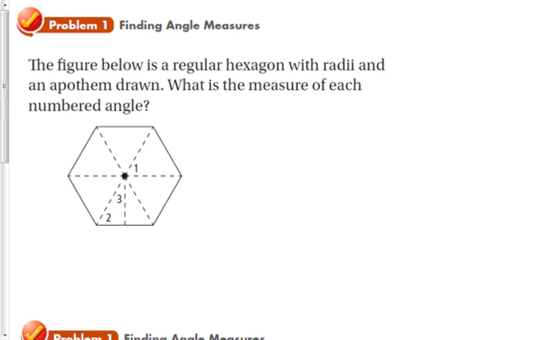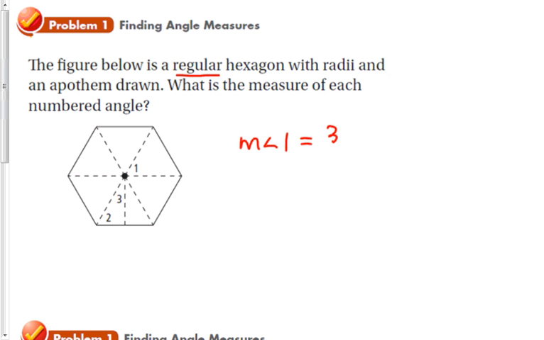All right, to find the area, sometimes we need to know some more things about the regular polygon. And the word regular means that all the angles would be the same and all the sides would be the same. So if we look at this regular hexagon, the measures of the numbered angles, we can find the measure of angle 1.